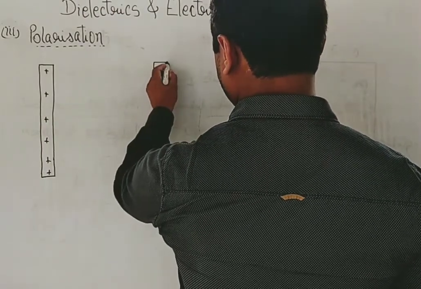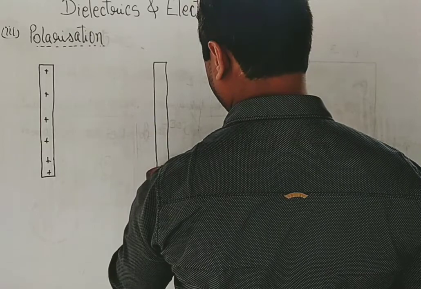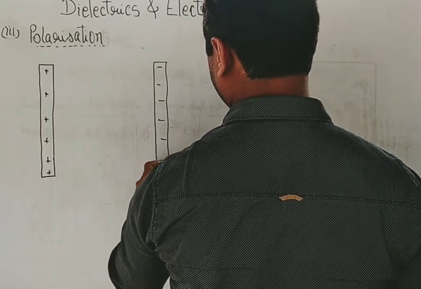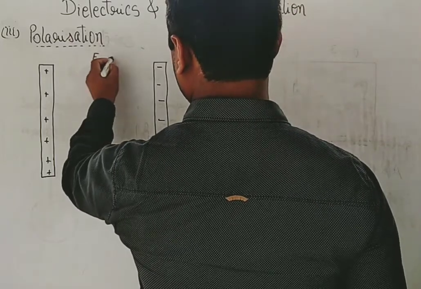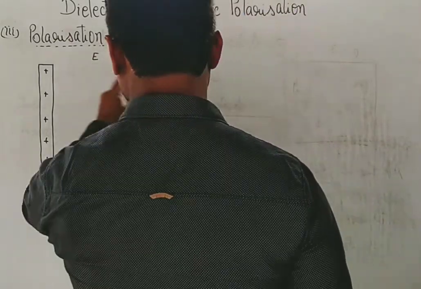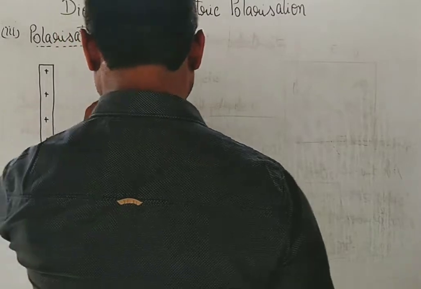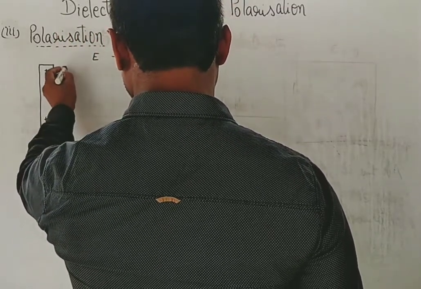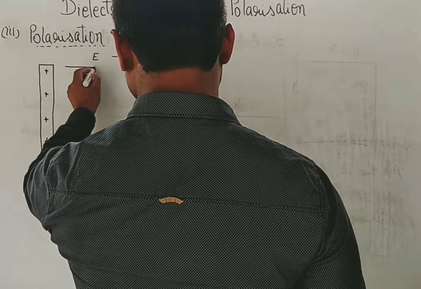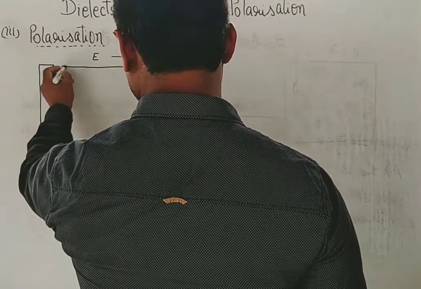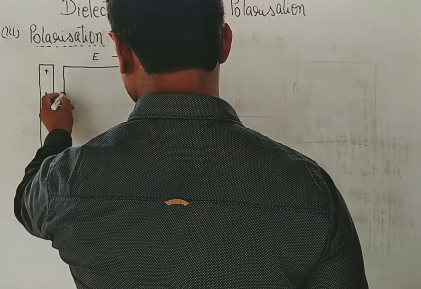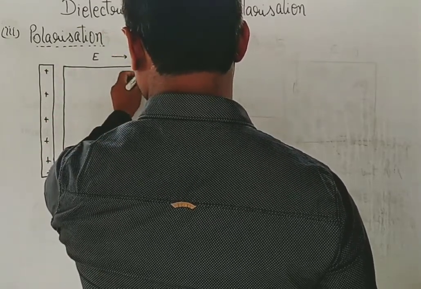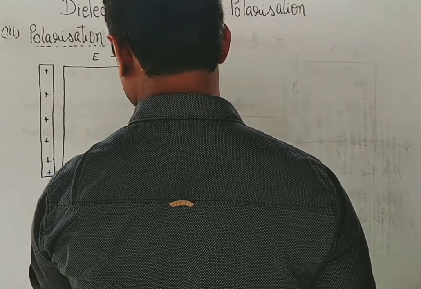This is the second plate of the capacitor charged negatively. Now here the external electric field is from left to right. Now let me place the dielectric slab, especially non-polar in nature, here in between the gap of the parallel plate capacitor.